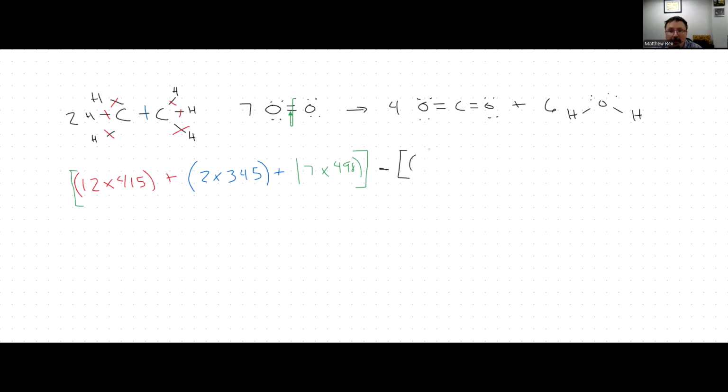Now I've got to break 2 carbon-oxygen double bonds for every molecule. There's 4 molecules, so that'd be 8 times the carbon-oxygen double bond, which is 741, plus here I'm going to break 2 oxygen-hydrogen bonds per molecule, 6 molecules for a total of 12, and the oxygen-hydrogen bond is 464.